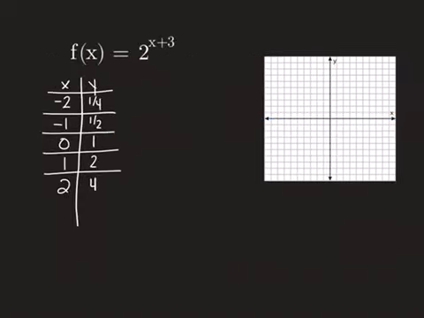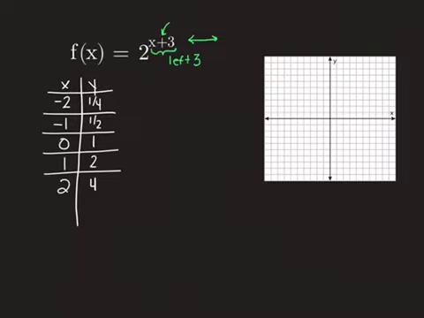Okay, so I want to compare that last one with the next one. This time I want you to notice how the plus 3 is up here in the exponent spot grouped with the x. This is going to be a horizontal, a left or right transformation. And remember, it does the opposite of the sign, so this is going to move everything to the left 3.